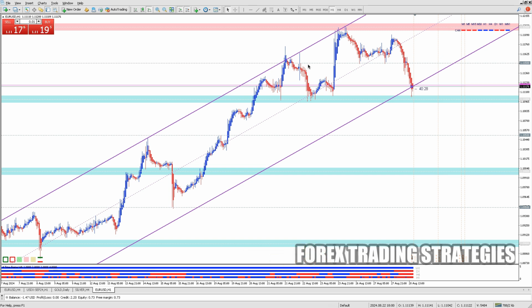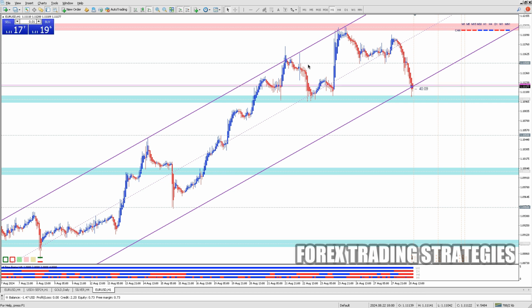Can you swing trade with a small account? Yes, you can, and you will make money, but not at the rate of somebody who is scalping or day trading with that small account. Day trading is where you trade for the day and never leave any positions open overnight.